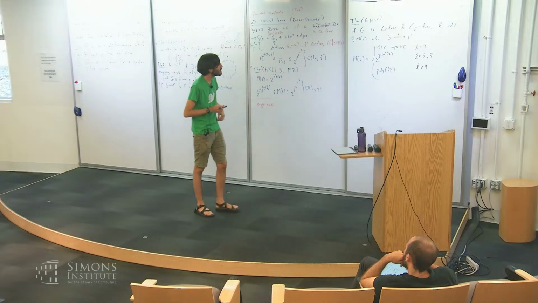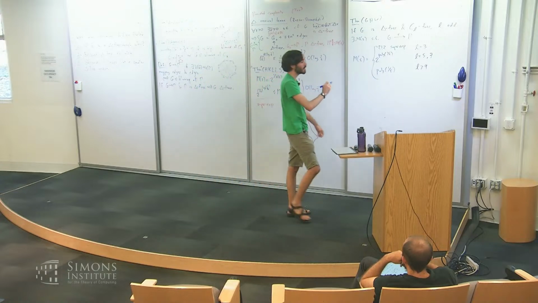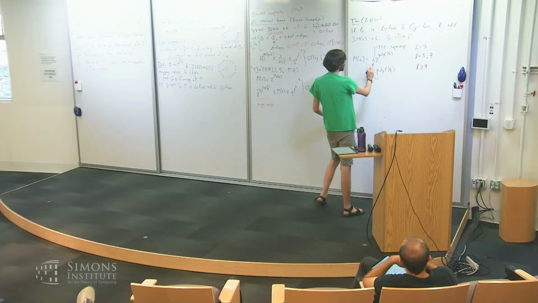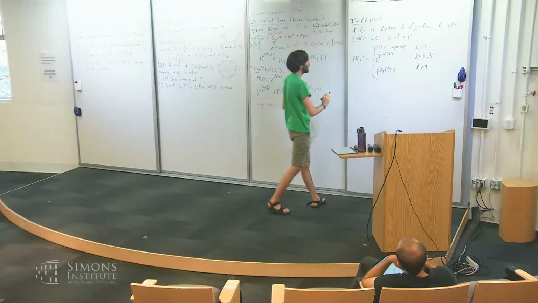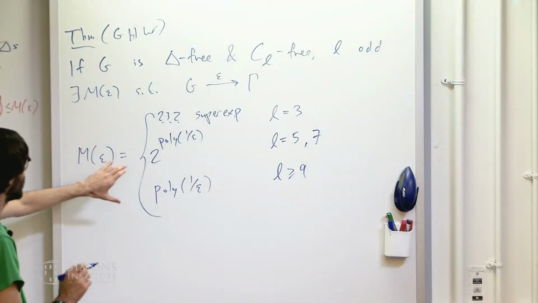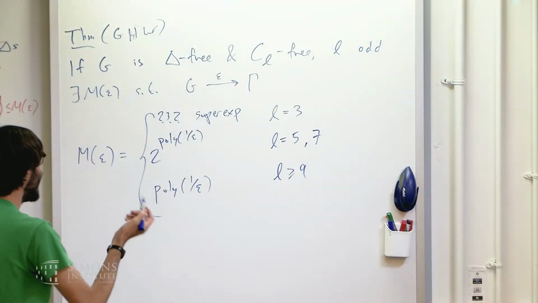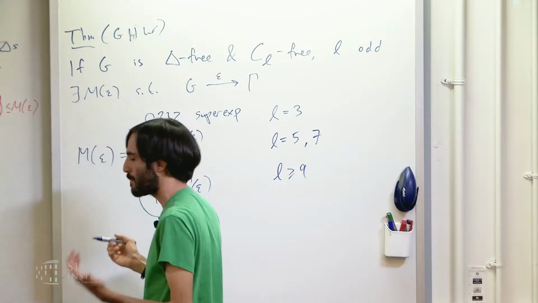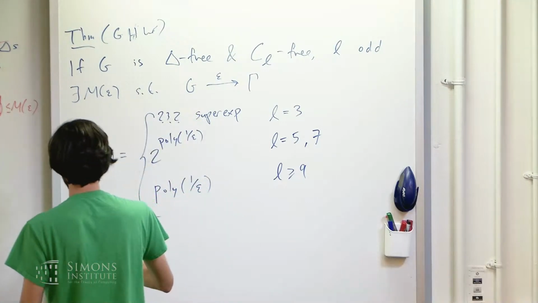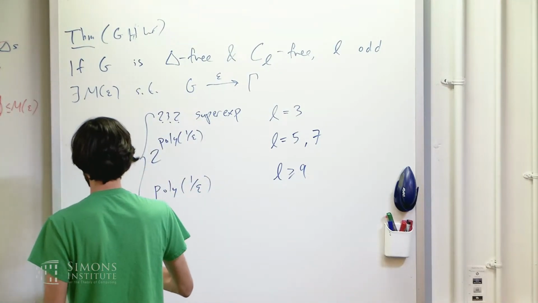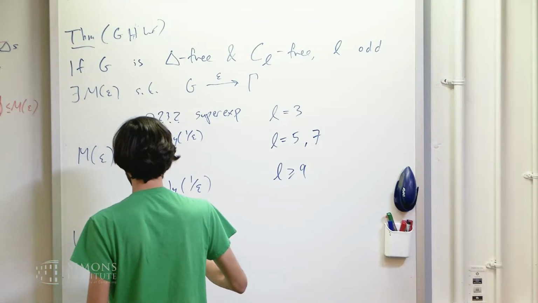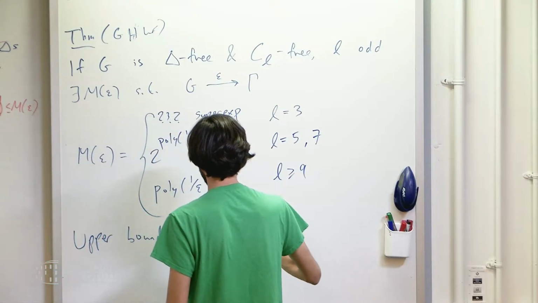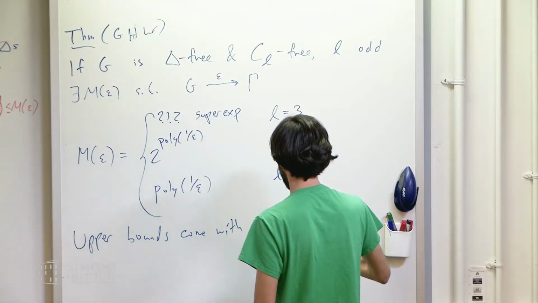The one other thing I wanted to say about this theorem is that, as I mentioned, there are both upper and lower bounds for both of these results. And just because this is a workshop on computer science, I should mention that the upper bounds come with efficient algorithms.